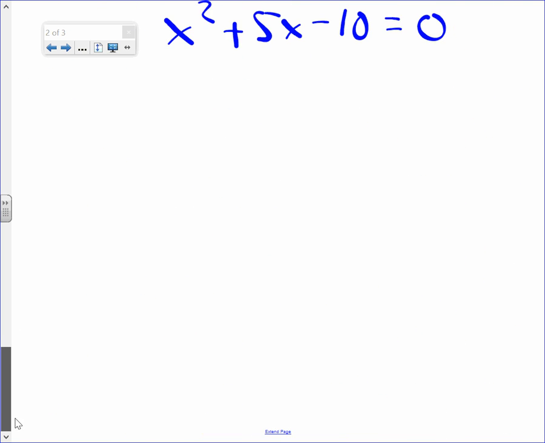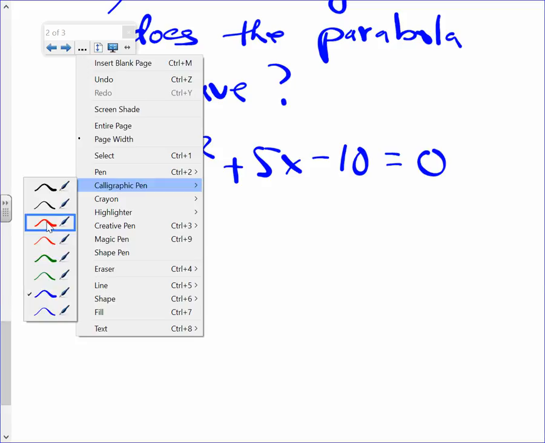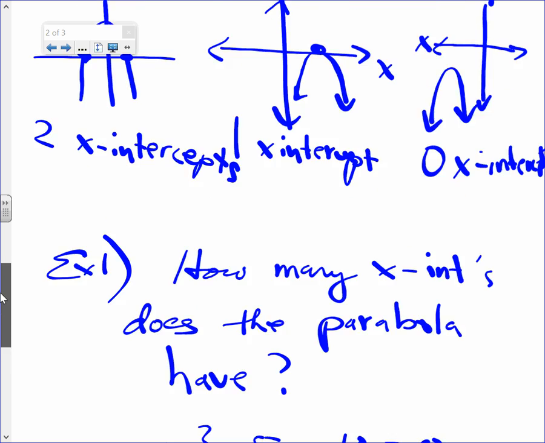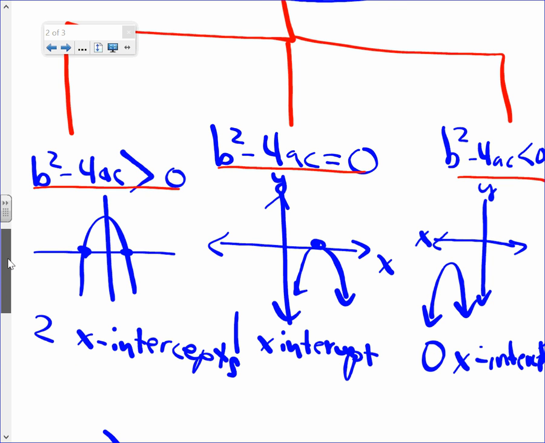Watch. Okay, the discriminant. B squared minus 4ac. Is it going to be greater than 0? Is it going to be equal to 0? Is it going to be less than 0? Let's find out. Then once we find out, we'll be able to answer the question.